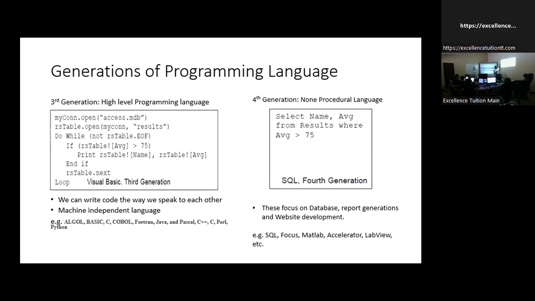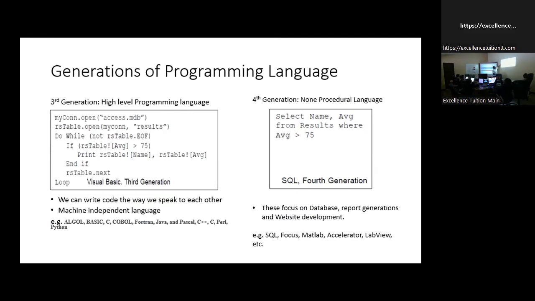They say mycon.open, and it's opening some kind of database. And then you see it say do while, so the computer is being asked to perform a task while some condition remains true. And you see if.